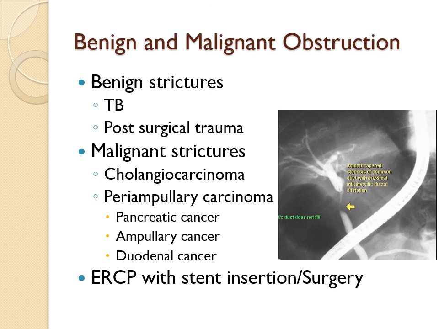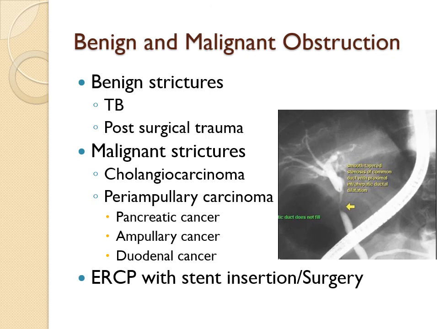For malignant strictures, cancer of the bile ducts is termed cholangiocarcinoma. This is a primary cancer occurring inside the bile duct, producing strictures. Now for periampullary carcinoma, what happens there is extrinsic compression of the bile ducts.